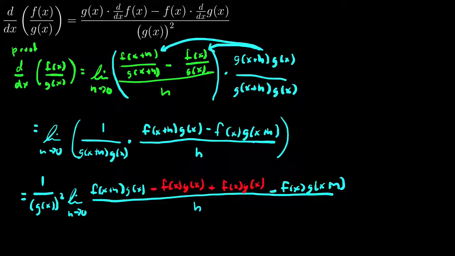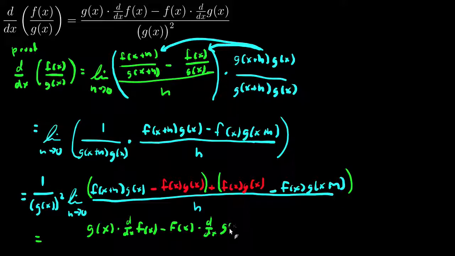In here, I'm running short on room, so I'm going to skip a step. I can factor out a g of x here, and I'll be left with a different quotient of f of x plus h minus f of x, so that's going to be times the derivative with respect to x of f of x. In here, I can factor out a negative f of x, and I'll have g of x plus h minus g of x over h, so that's going to be the derivative of g of x.